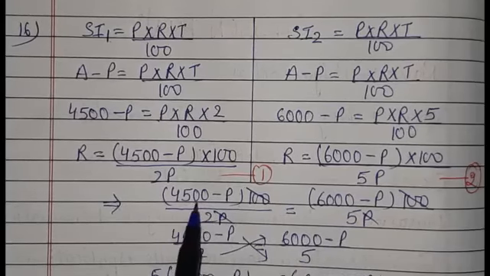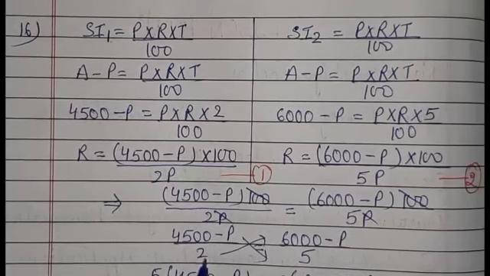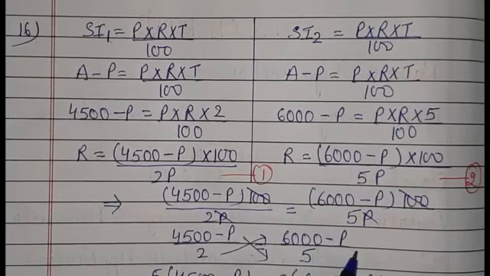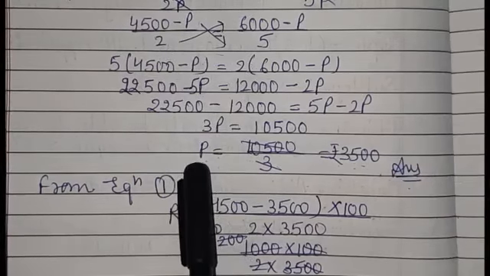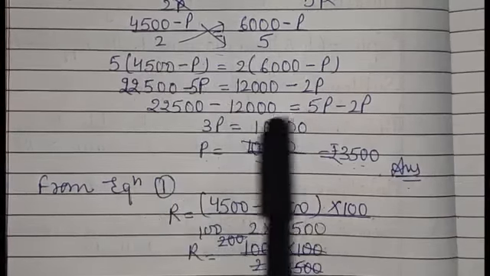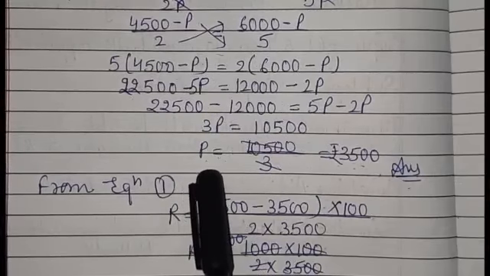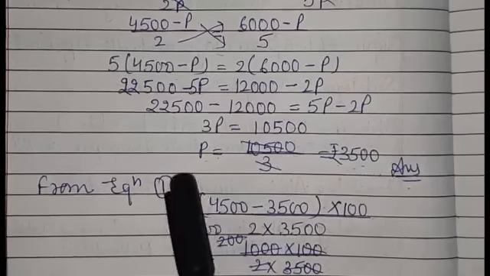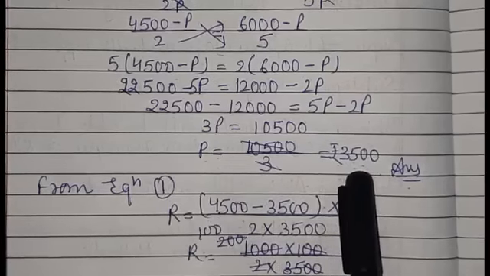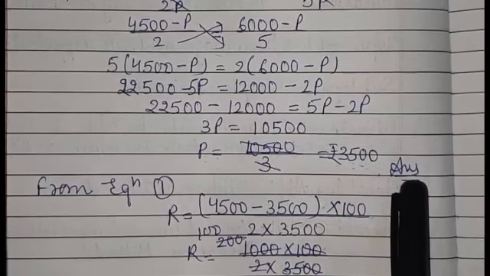What is left? 4,500 minus P upon 2, 6,000 minus P upon 5. Now cross multiply, find the value of P. When we calculate, value of P will come 3,500. That means principal is rupees 3,500, first answer.